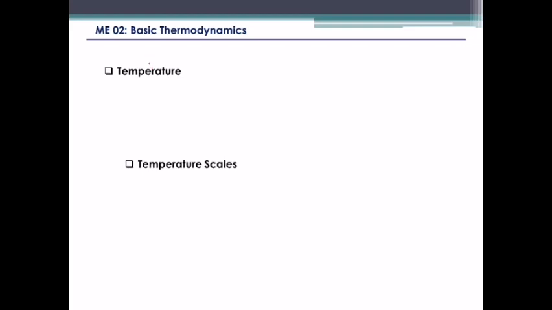We have four temperature scales: degrees Celsius, degrees Fahrenheit, Kelvin, and Rankine. The absolute temperature scale for Celsius is Kelvin, and Rankine is the absolute scale for degrees Fahrenheit.